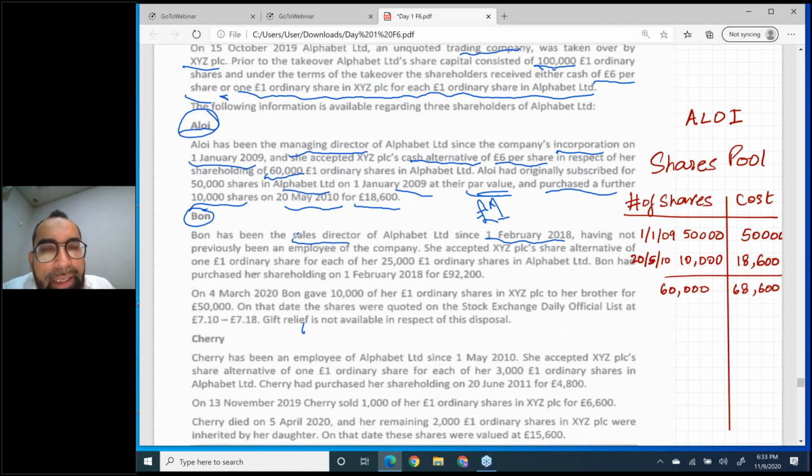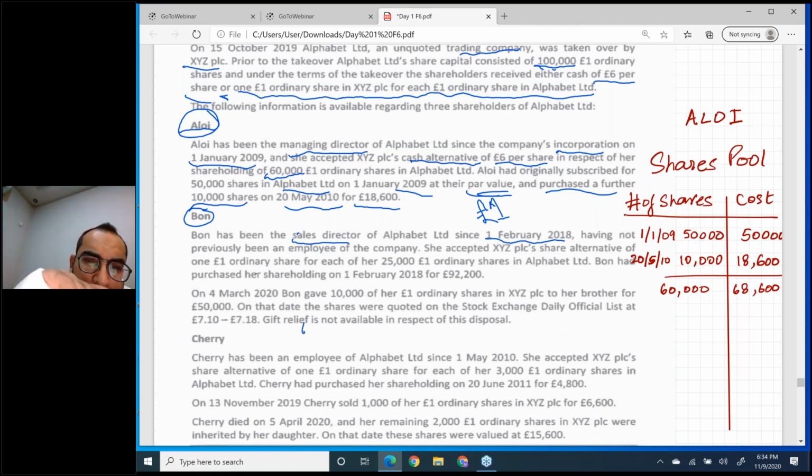The disposal date was 15th October 2019, and she joined this company on 1st February 2018. So that means this is less than 24 months, almost 18 or 19 months. So the main 24 months condition has been breached.